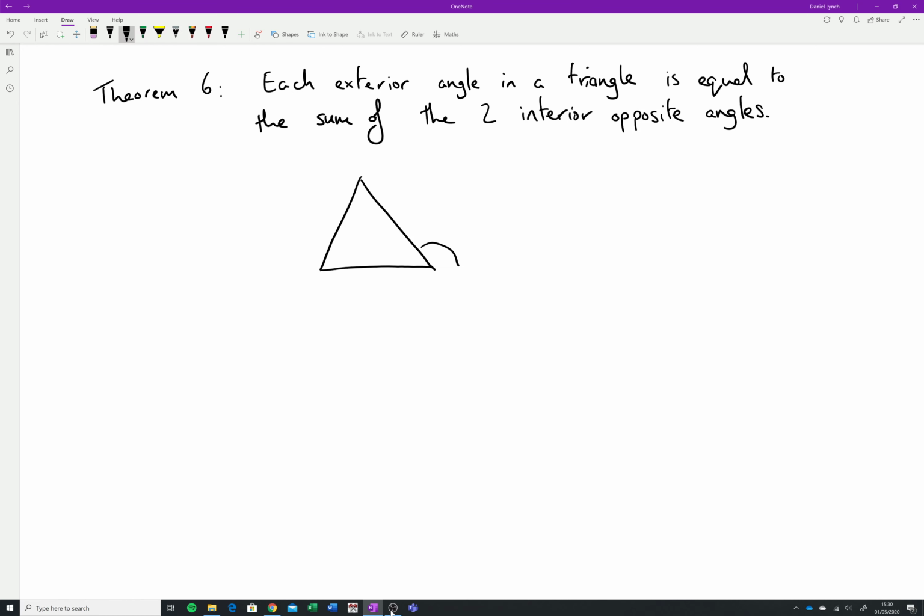Okay, so let's place that in there. And we're going to give these names X, Y, Z, and it's important to give the angles their names. So alpha, beta, gamma, delta. So what's it saying? It's saying that each exterior angle, delta is our exterior angle, is equal to the sum, the addition of the two angles that are inside, that are opposite.